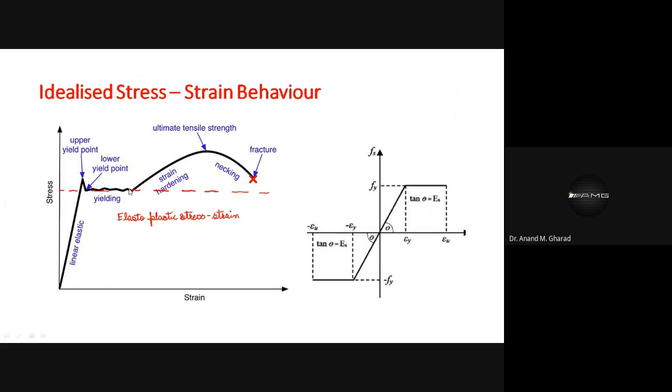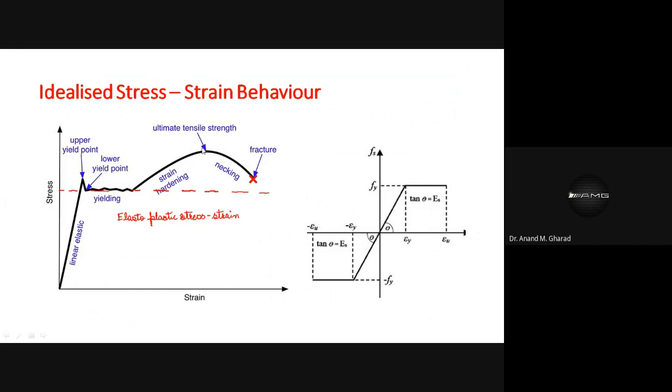So now, since this is a complex, non-linear curve, and we don't know the degree of this curve, we need not even know it, right? What is done in order to simplify things and in order to take into account this strength?